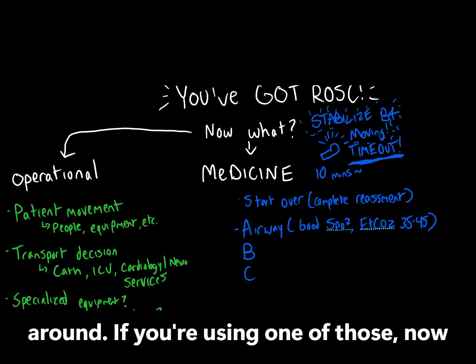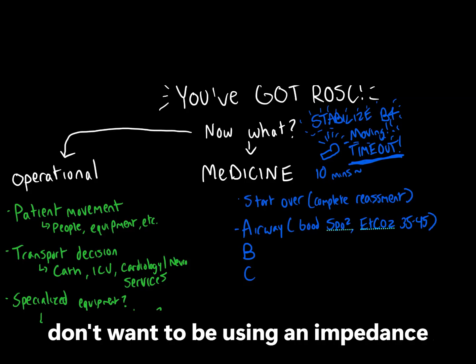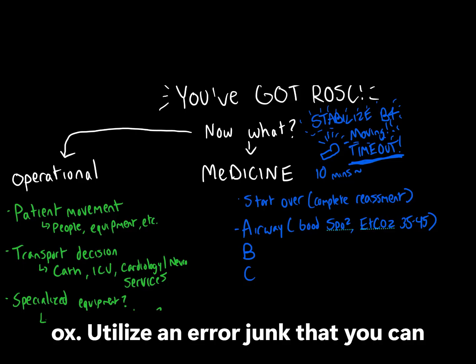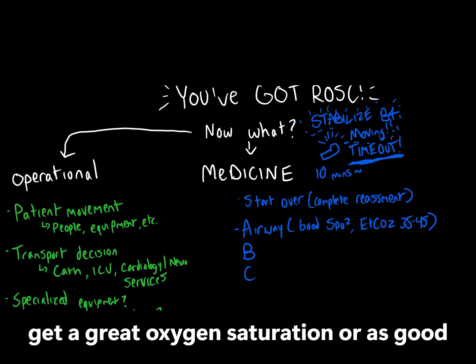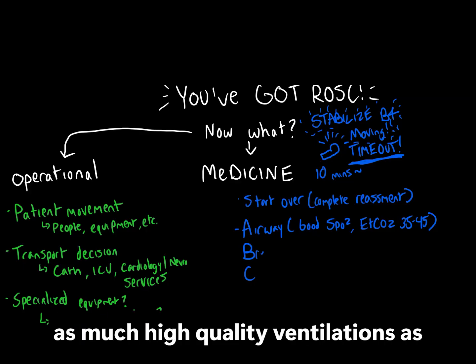If you're using one of those, now's a great time to take that off. We don't want to be using an impedance threshold device in a person with a pulse. So, utilize an airway adjunct that you can get a great oxygen saturation or as good as you can. Get as much high quality ventilations as you can.